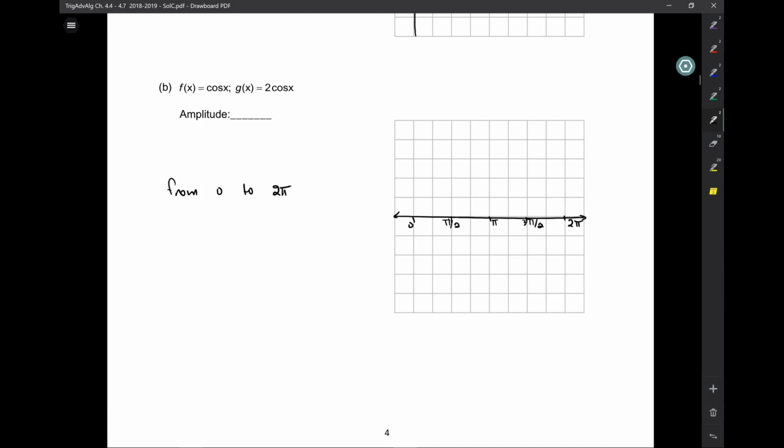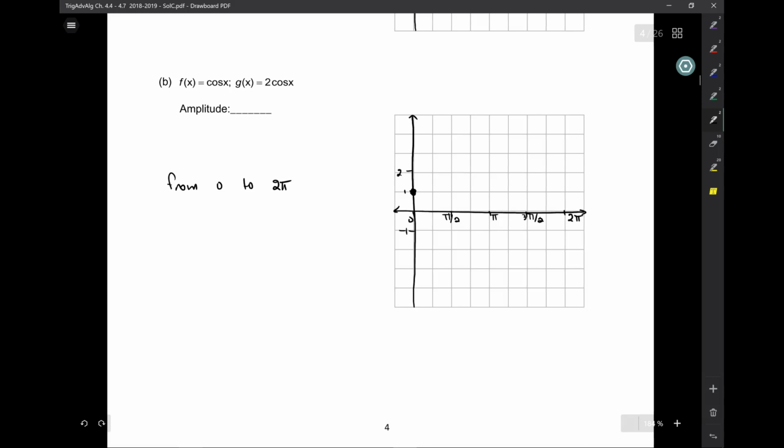Okay. Y-axis goes here. With a ruler. And let's not leave it blank. Let's label a little bit. Like, that's good enough. Okay, so now, we're graphing a cosine. Does it start on the axis or at the maximum? At the maximum, for f of x, the maximum is 1.